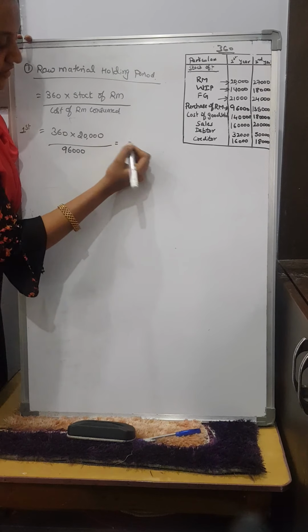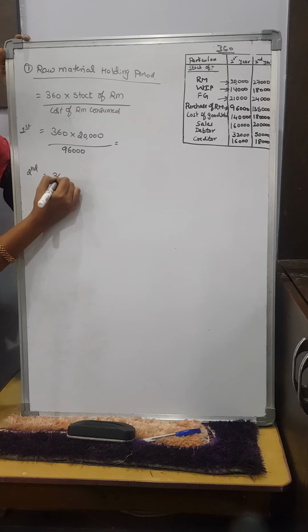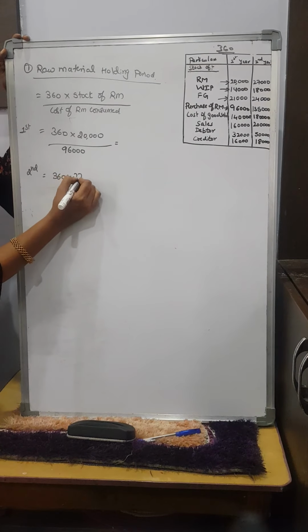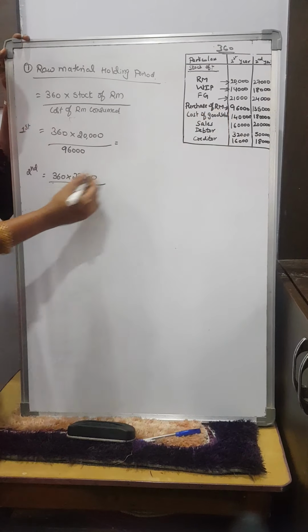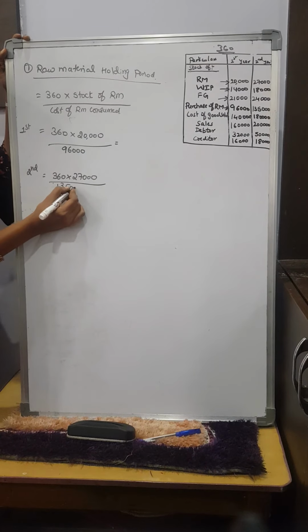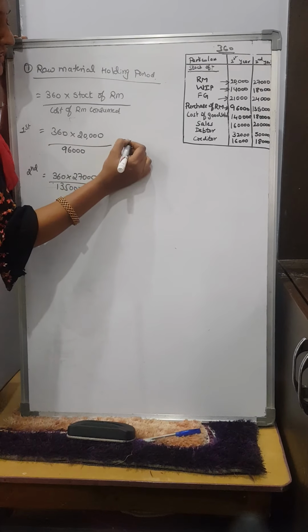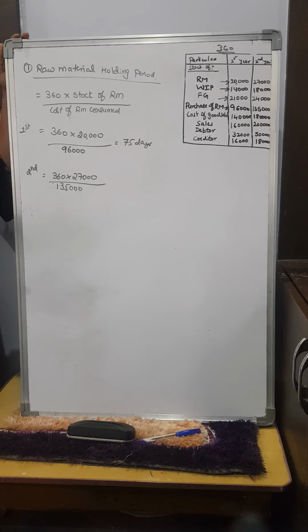For the second year, 360 into raw material 27,000, and purchase of raw material is 1,35,000. If we substitute 360 into 20,000 divided by 96,000, you will be getting 75 days.